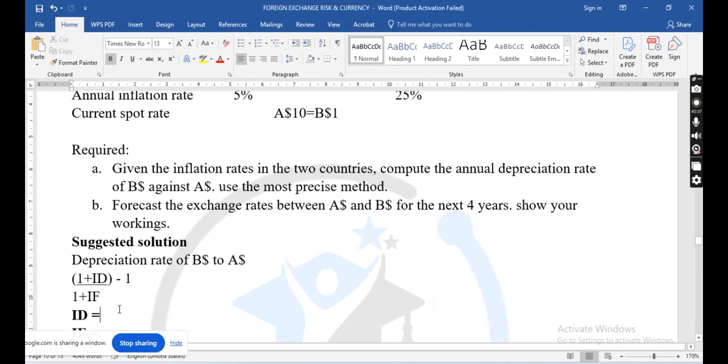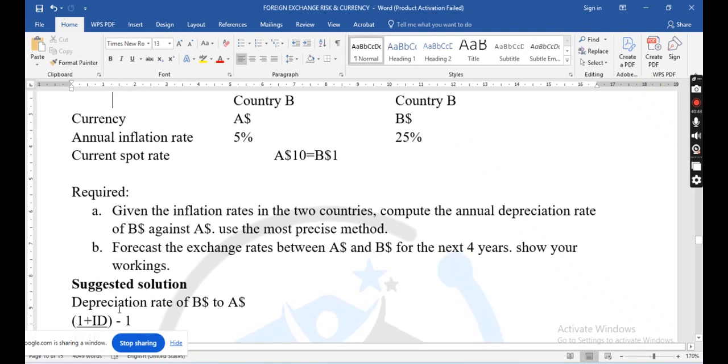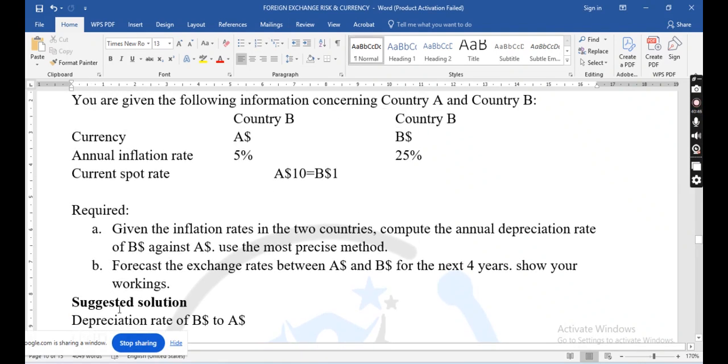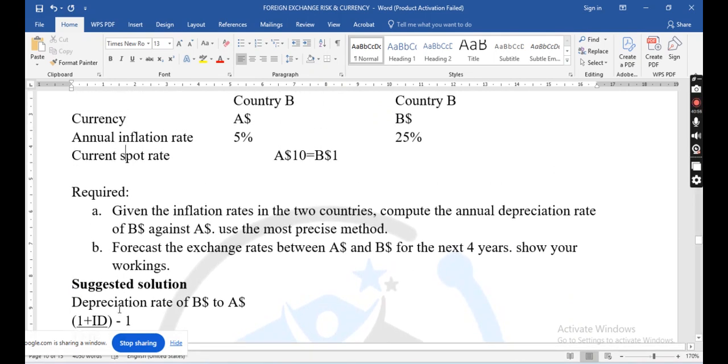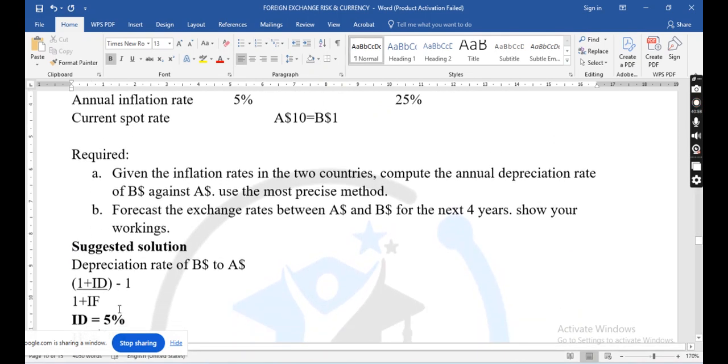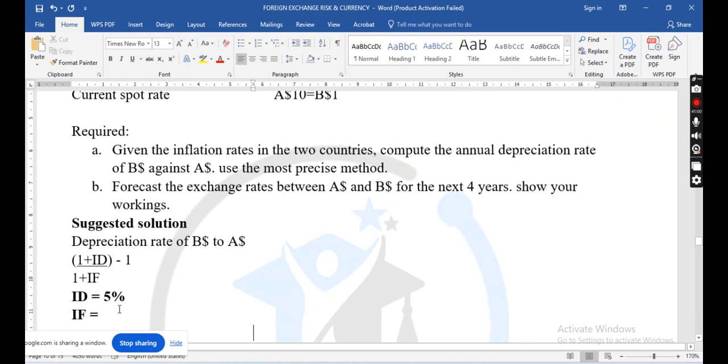Okay, class. Which one of this is the domestic? Quickly, class. 5%. Okay, that is the direct quote, right? So the other one is how many percent? 25%. It's 25%.